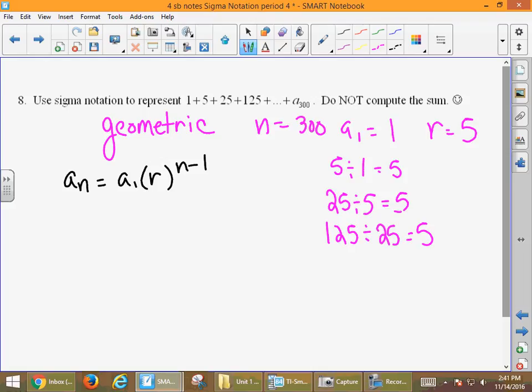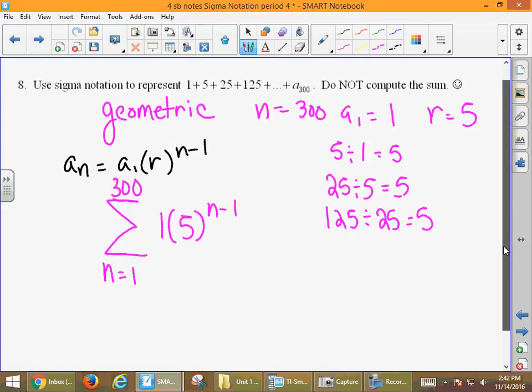Now that we've got that value, we can go ahead and write down our sigma notation. We're starting at the first term, and we're going to look at 300 of those terms. When I fill in a sub 1, that's going to be 1 times our common ratio, which is 5 to the n minus 1.